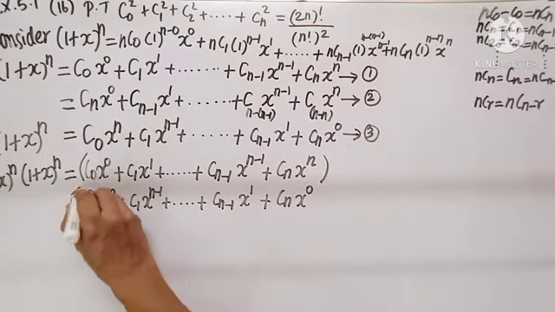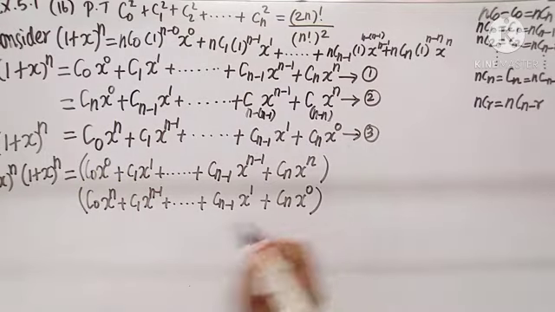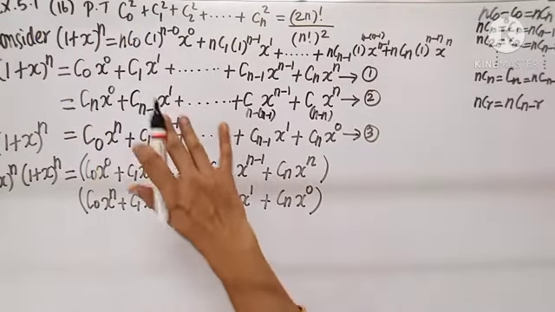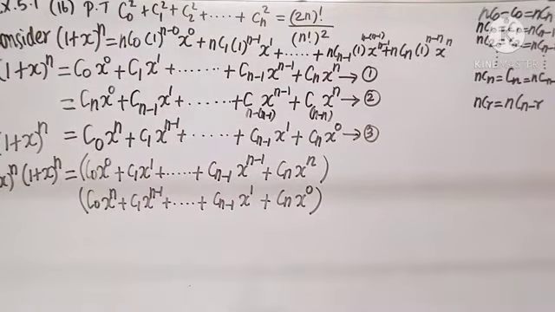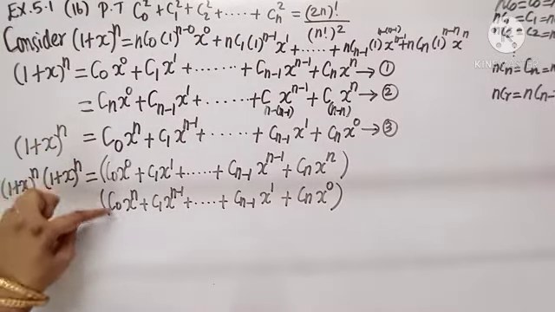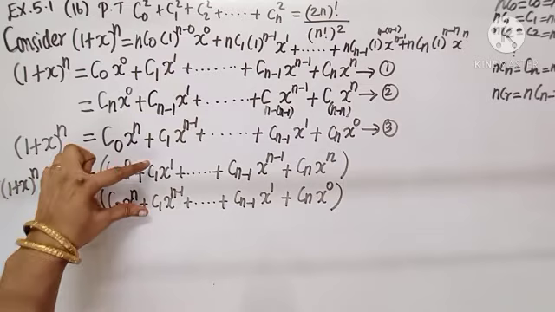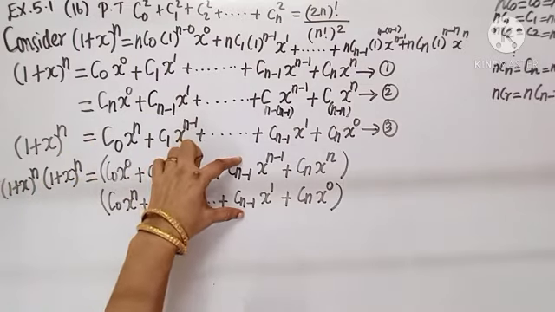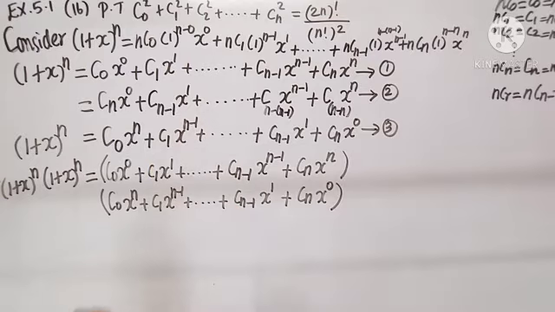As I multiply, let me find out C0 square, because that is my expectation in the LHS. When will I get C0 square? Just check. These two I multiply, it becomes C0 square. These two I multiply, C1 square. These two I multiply, C(n minus 1) square.